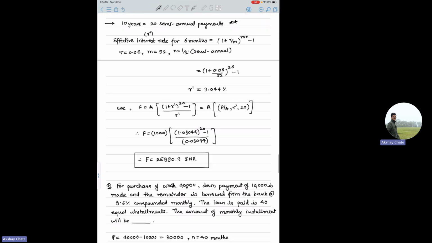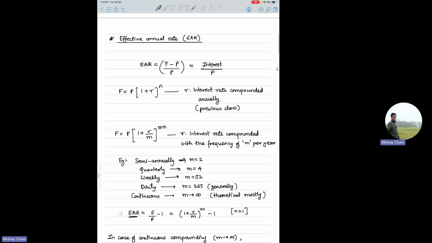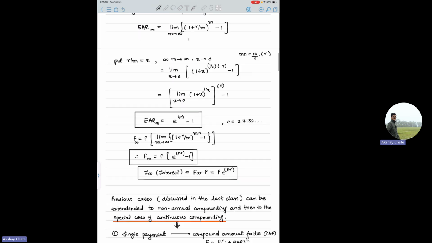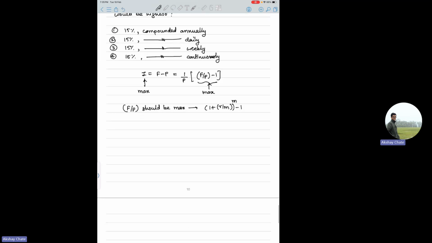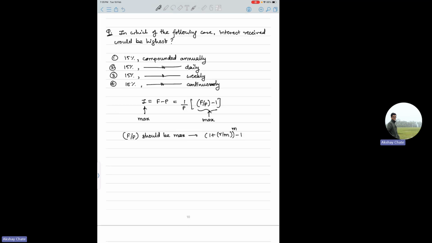So you have to go to the starting of the class. This F by P has to be maximum, so that means this (1 + r/m) power m minus 1 has to be maximum. It will be maximum if your effective interest rate is maximum, and that effective interest rate is given by this formula.